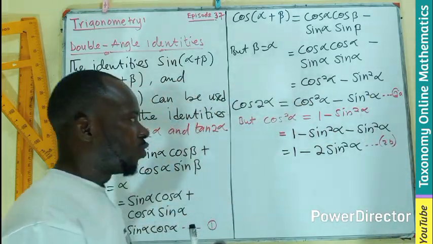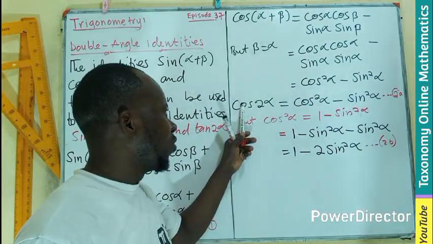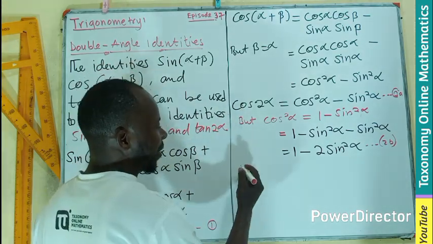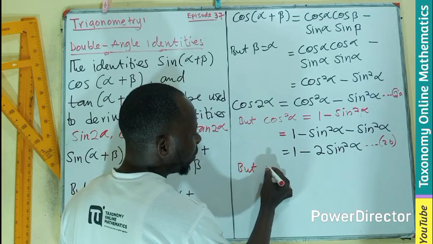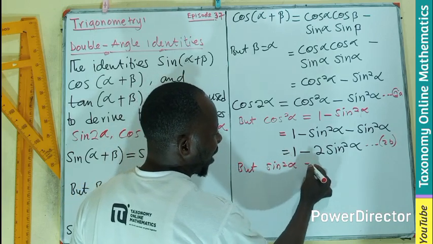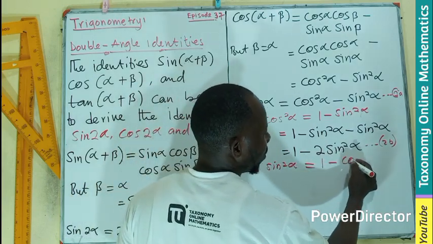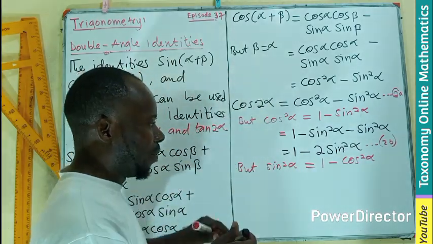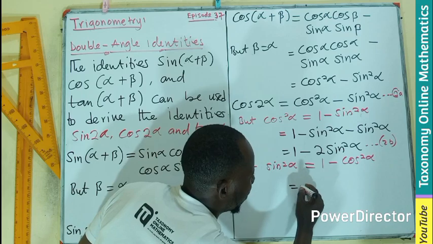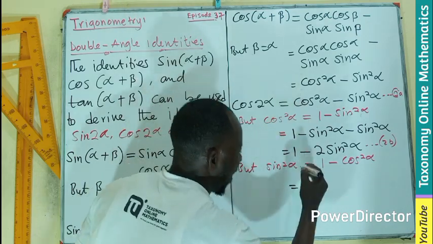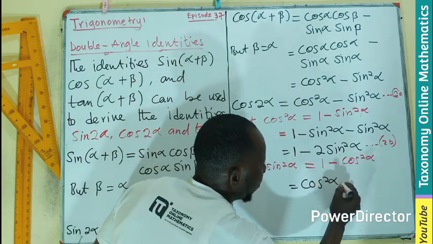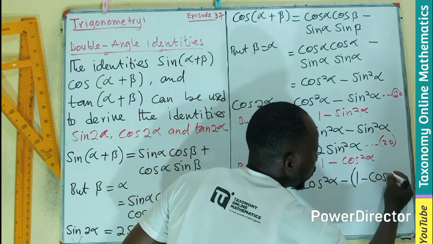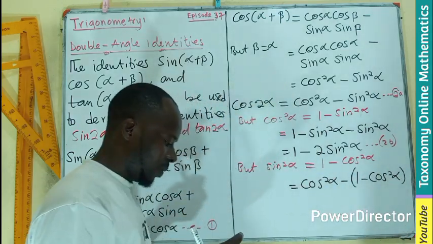The 2 is talking about the double angle for cos. Now, I can also say that the sine square alpha is the same as 1 minus the cos square alpha. Then the same double angle will become cos square alpha minus, in bracket, 1 minus cos square alpha.